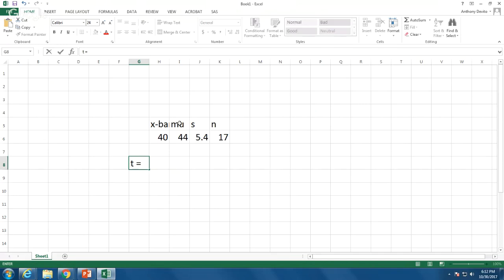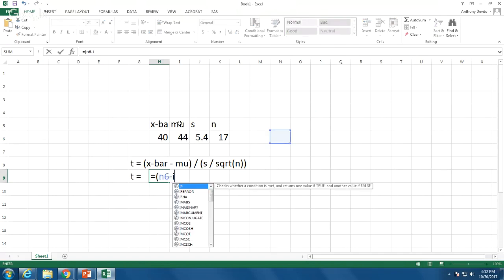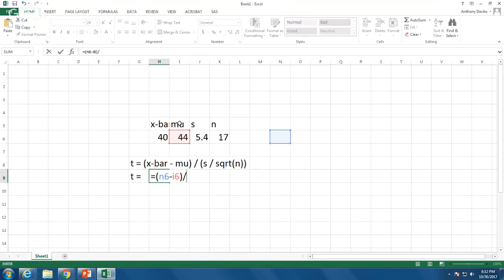So T is equal to X bar minus mu over S over square root of N, which is equal to, so it is H6 minus I6 over J6 over square root of K6.